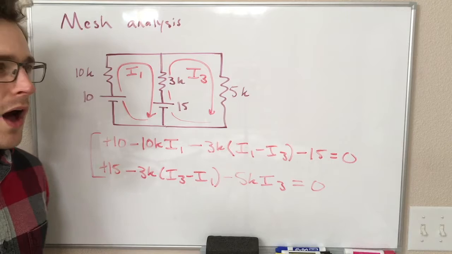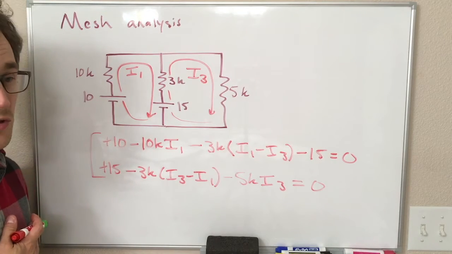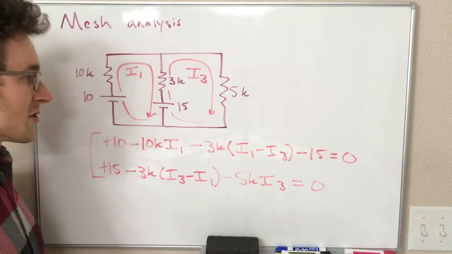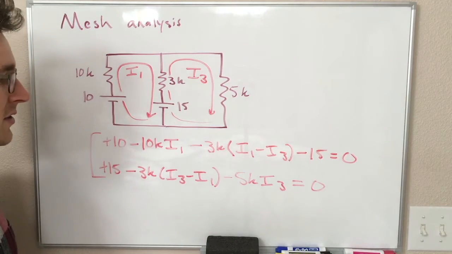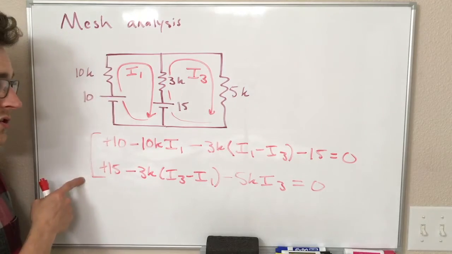Why is this useful? Honestly, it's a little harder to do this on paper, for me at least, than it is to do branch current analysis. But if you are a computer program solving circuits, this is much, much easier. Before we had 3 equations and 3 unknowns, now we only have 2 equations and 2 unknowns.